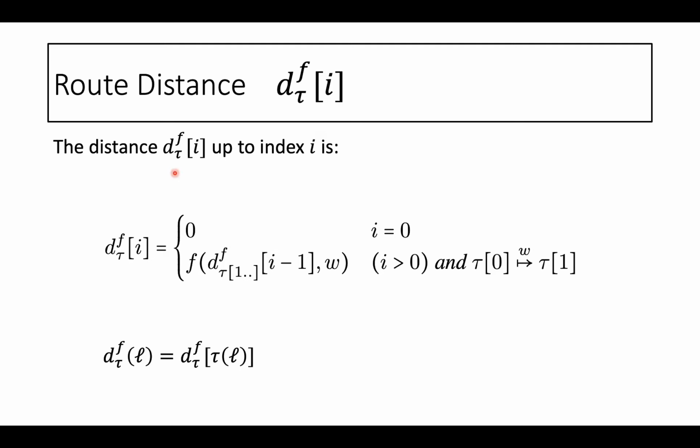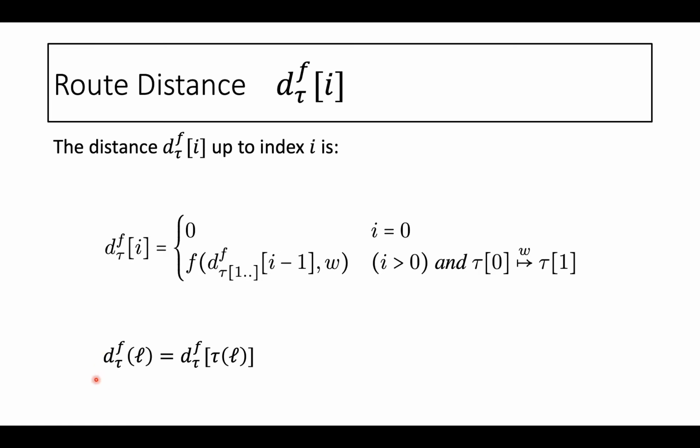This function combines the different weights in the route into a value, and it is done in a recursive way. So you define a distance up to a certain index, and then you decrease the index at each iteration until you reach i equal to 0. But we will see this in the next slides with an example.